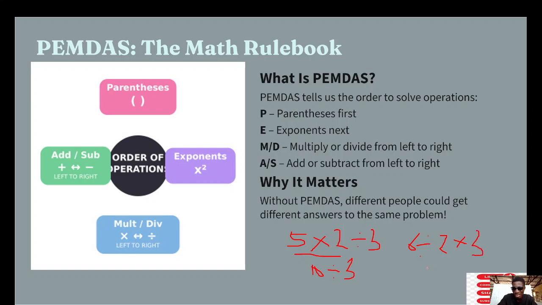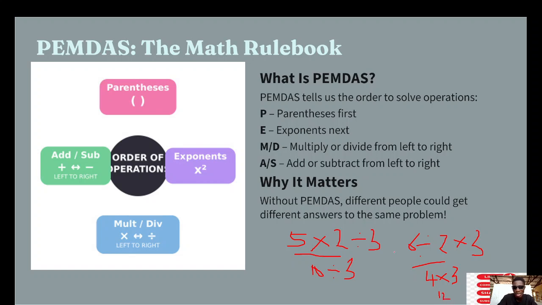Here you start from left to right. So you do the division first, you get 3, then you multiply by 3, which gives us 9. So this is what we are talking about.